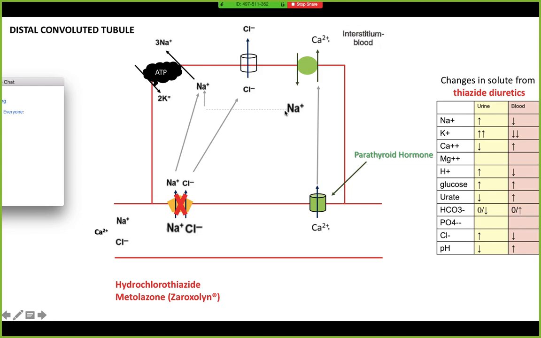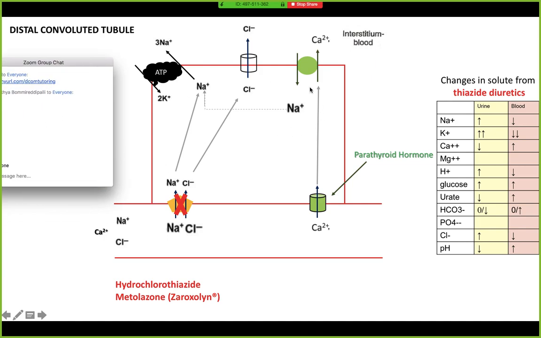And because the concentration of sodium is going to be low inside of the cell because this transporter right here is being blocked, sodium is still going to enter the cell through this sodium and calcium exchanger over here. So this is going to result in an increase in calcium in the blood. And that's due to the influence of parathyroid hormone.